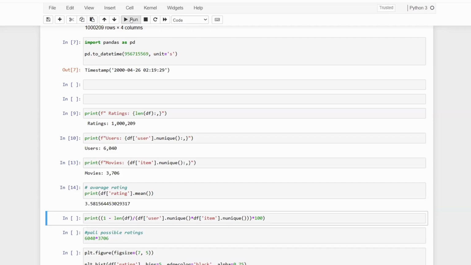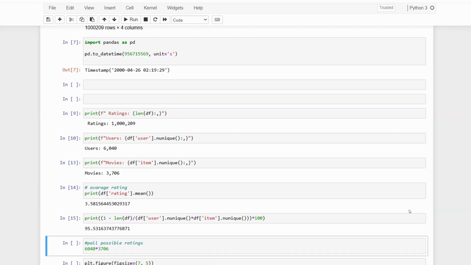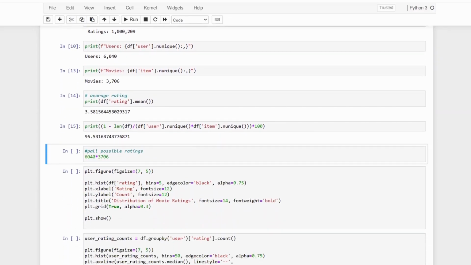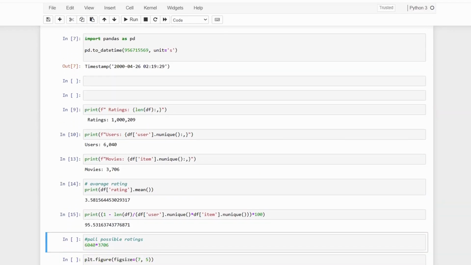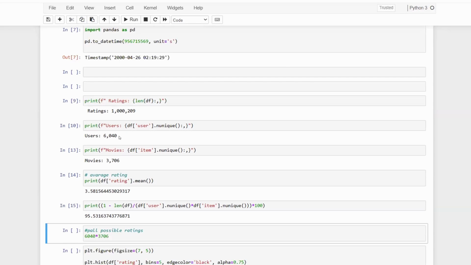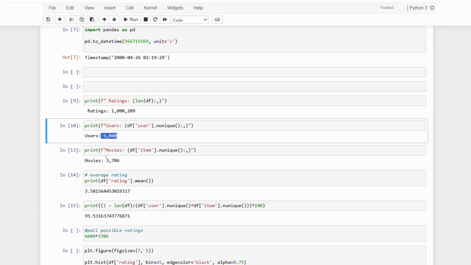And then we also look at the sparsity of our data. What we're looking at is that we have 1 million movie ratings while we have 6,000 users and 3,000 movies. This tells you that some of the people who watch movies didn't rate the movies.